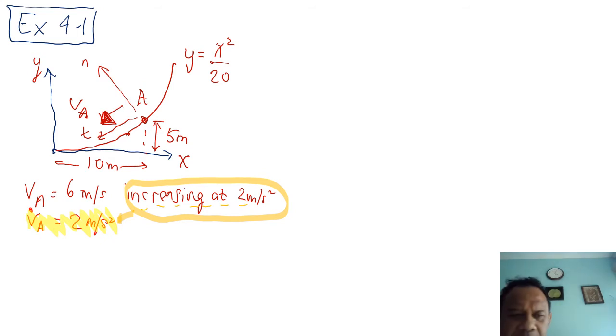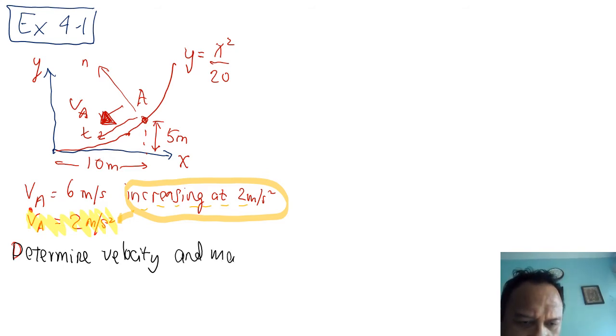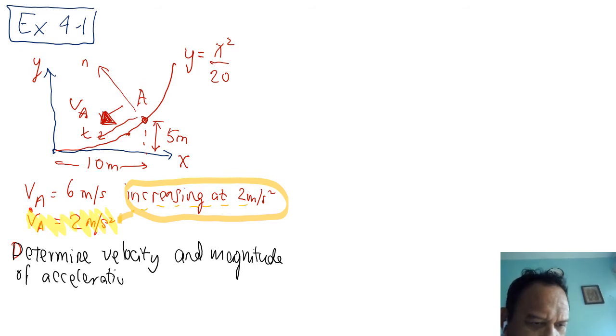Determine the direction of velocity. So the question asks us to determine the direction of velocity and the magnitude of acceleration at this instant, at the instant shown.